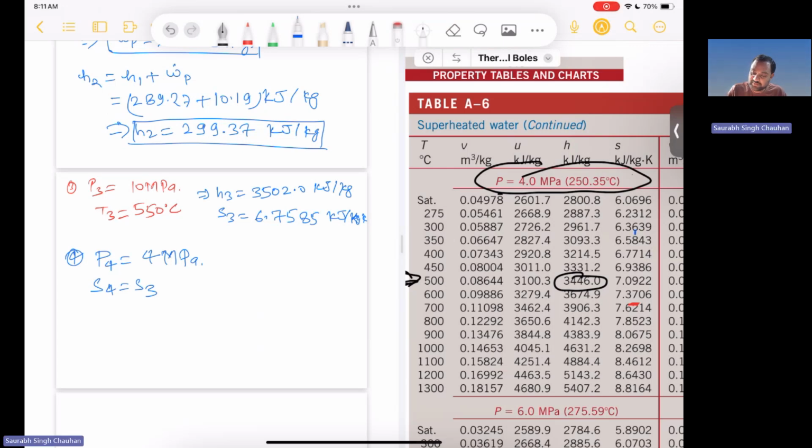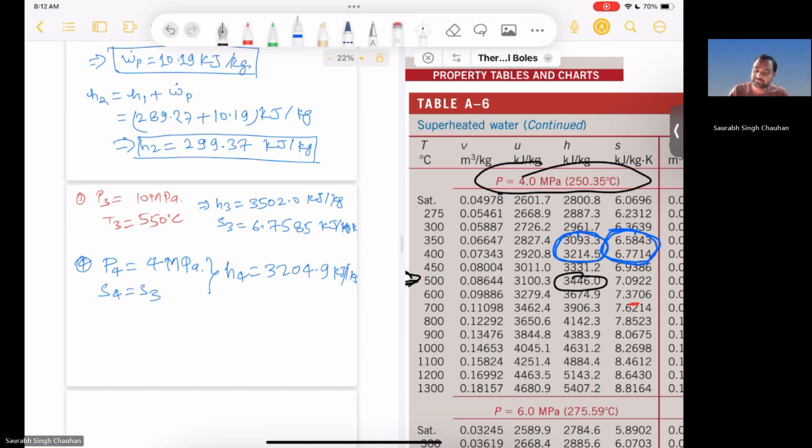So 6.75 will be somewhere between these values, right? So you can use interpolation and find the required values. You can use linear interpolation or higher order interpolation. I am taking the value H4 equal to 3204.9 kilojoule per kg. Okay, so please try to calculate this value by yourself.